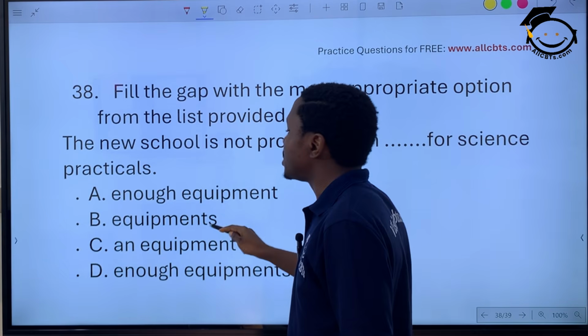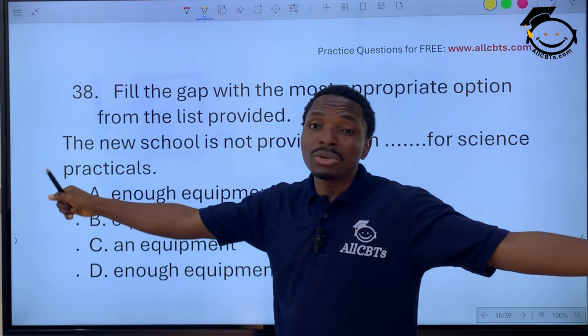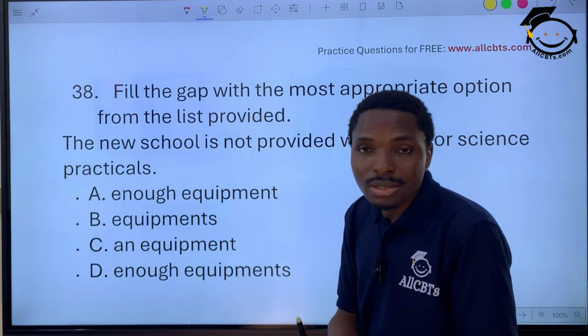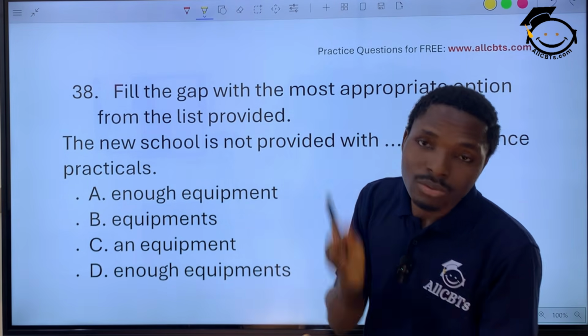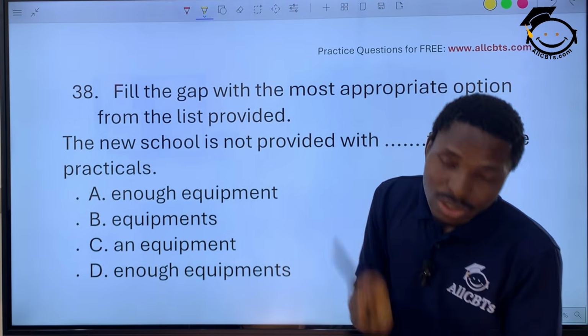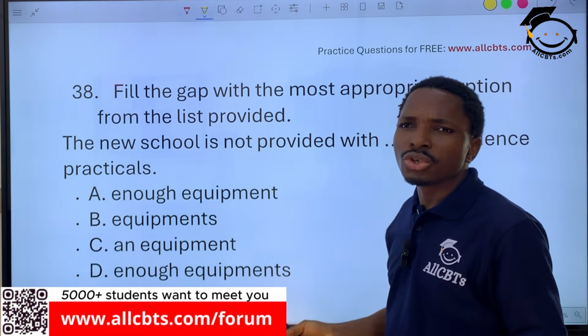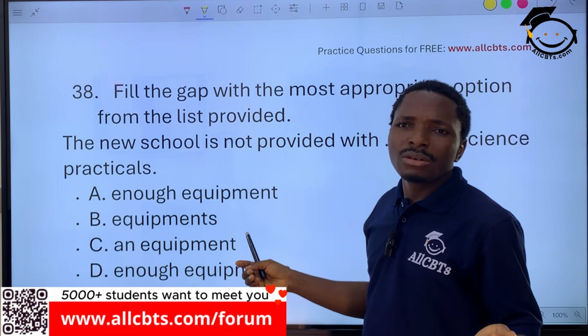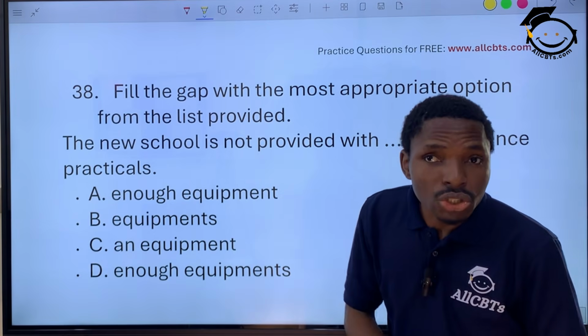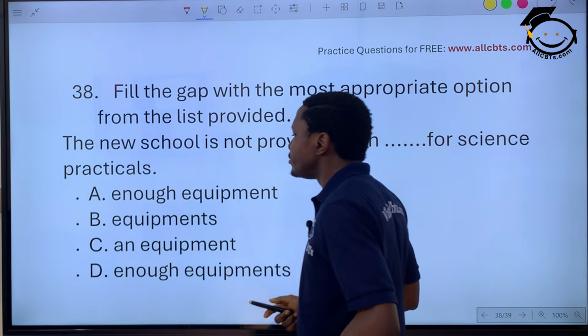They don't come with S, even if they are more than 1,000 or 10,000. So one equipment is equipment, ten equipment is equipment. Just like furniture. One chair is furniture, ten chairs are furniture. Do you understand?